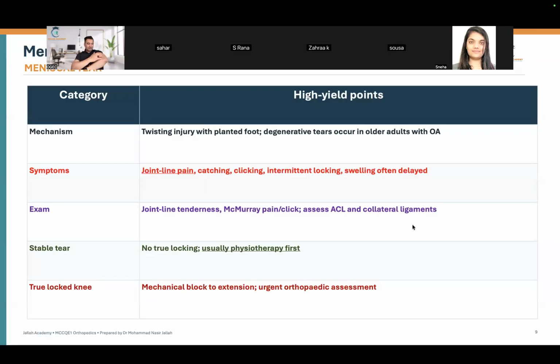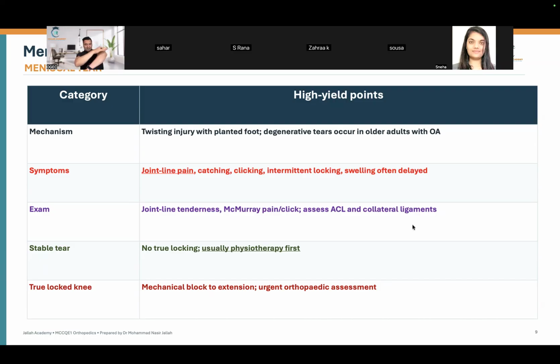Another thing, when the patient gets hurt in the knee and the meniscus gets damaged, the patient does not develop swelling right away, within hours. They may develop swelling later on, but not rapidly within 1 to 2 hours.